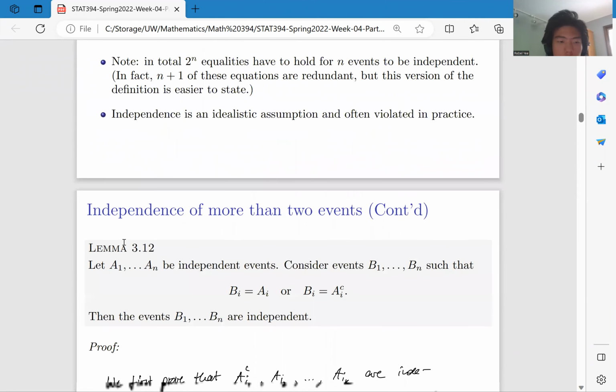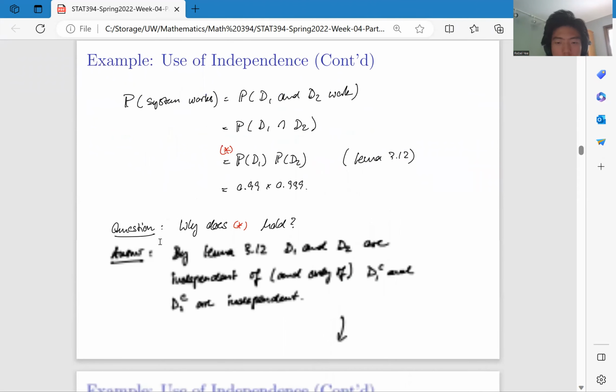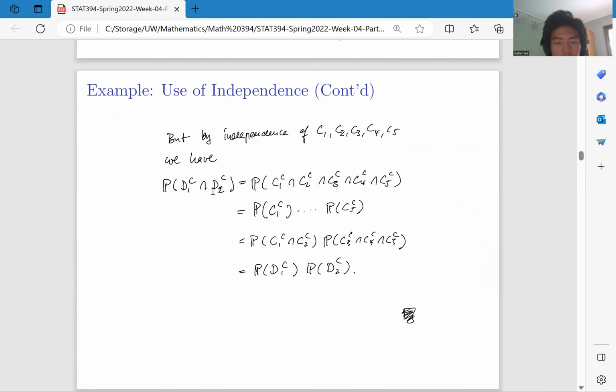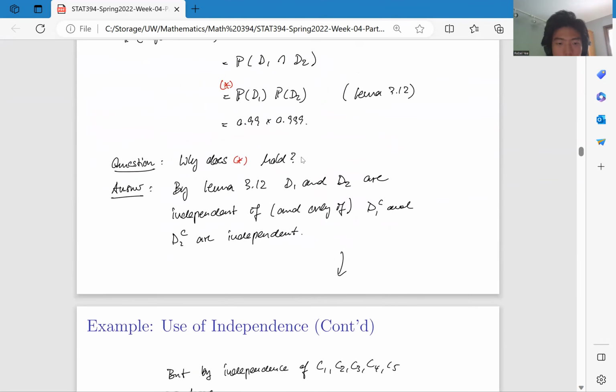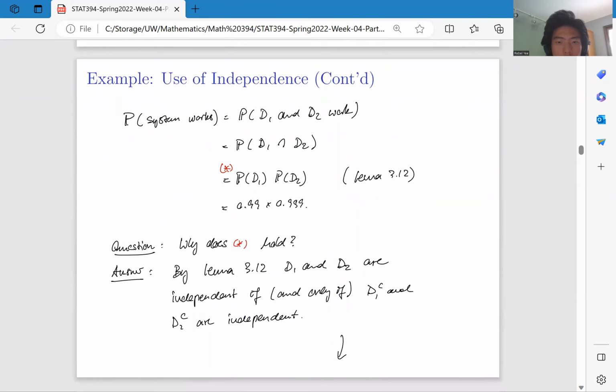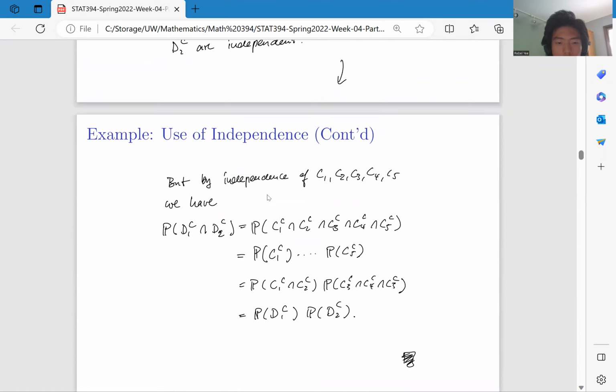This is a result based on Lemma 3.12. So in this case, the probability of D1 intersection with D2 can be written as the probability involving C1 intersection with C2 complement times the probability of C3, C4, C5 intersection and their complement.